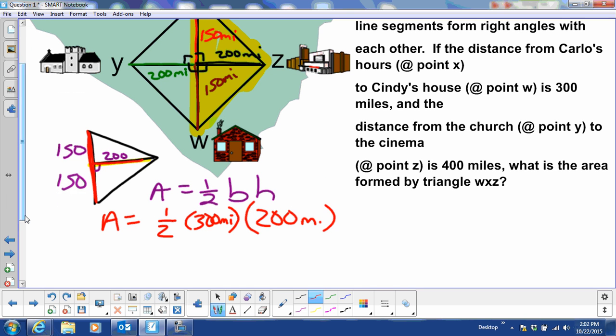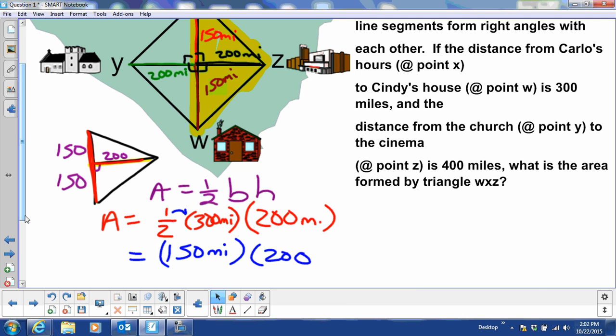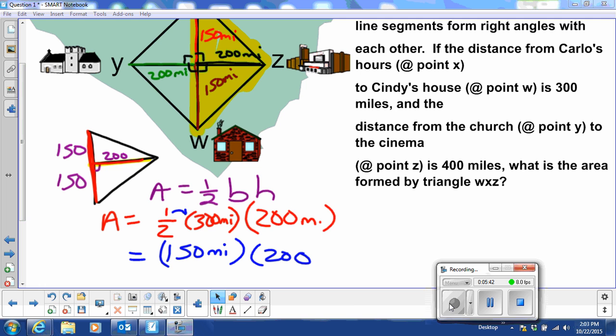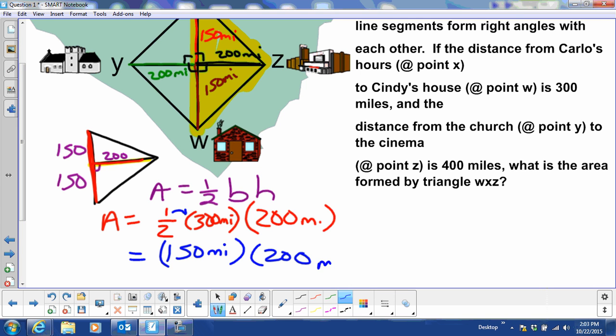So then to figure out the area, if I follow order of operations, multiplication and division go left to right. So 1/2 times 300 is 150 miles times the 200 that is, and 150 times 200, well, 2 times 15 is 30, and then I have 3 zeros.